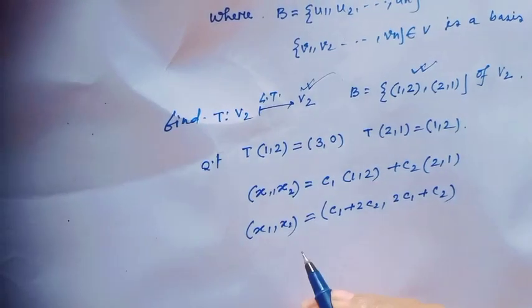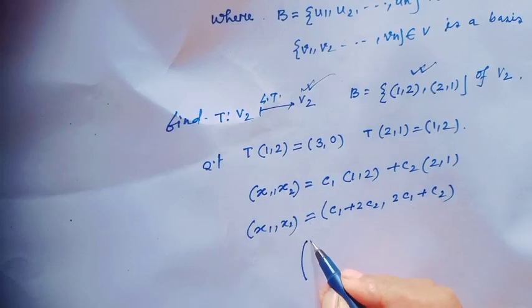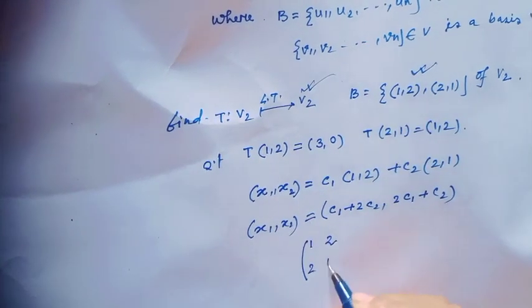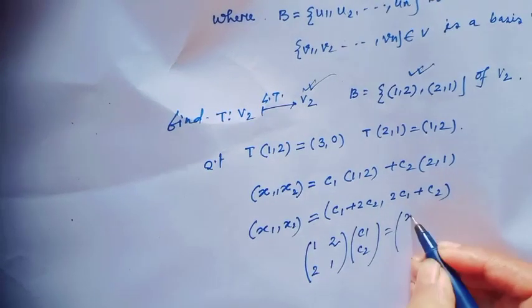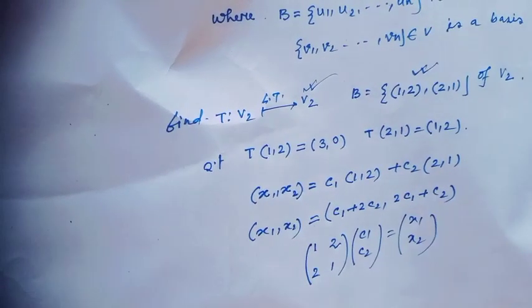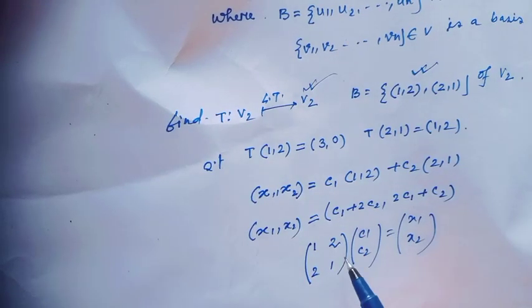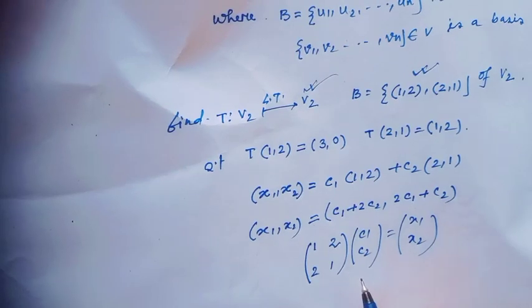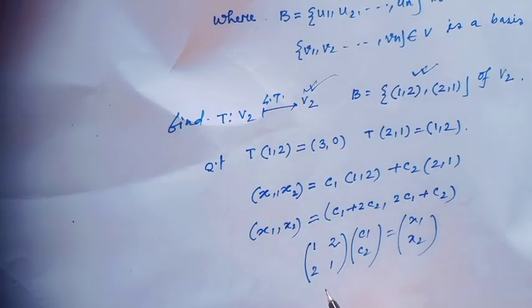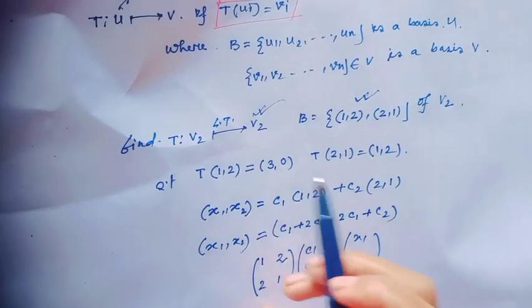This is a system of linear equations, which we can write as the matrix [1 2; 2 1] times the vector (c1, c2) equals (x1, x2). Since these vectors are a basis of V2, this system always has a unique solution, so this linear transformation would be unique.